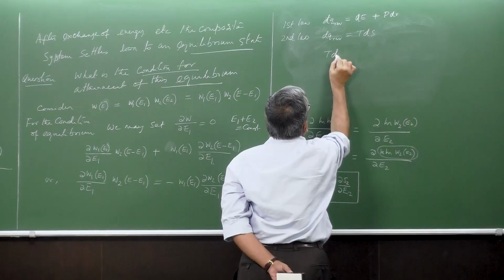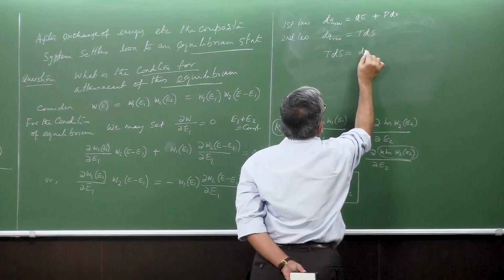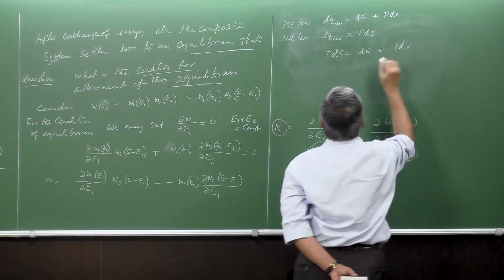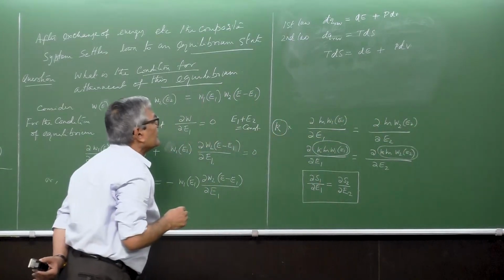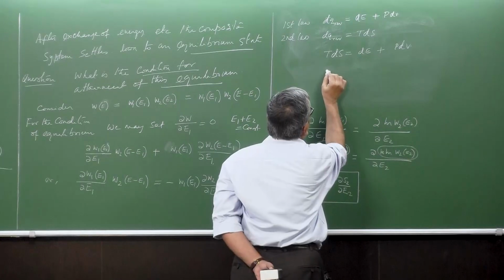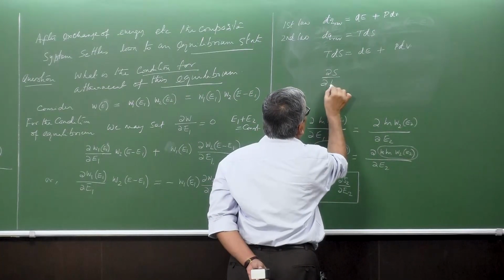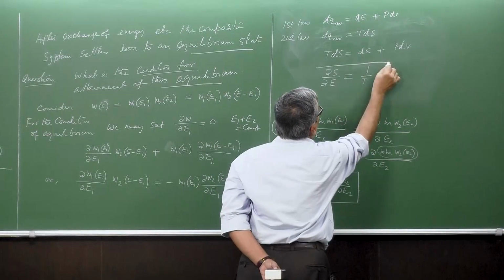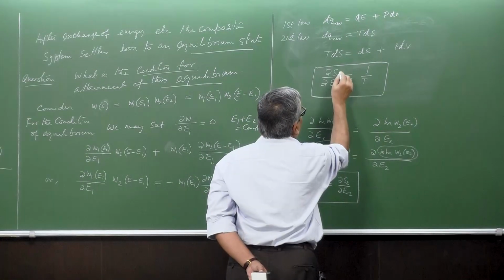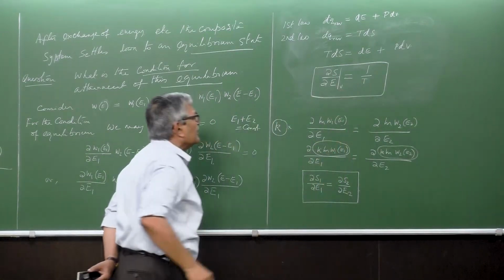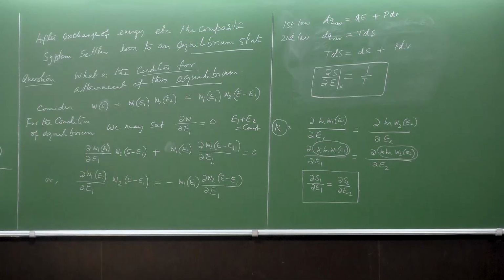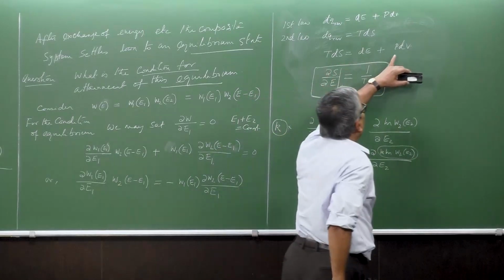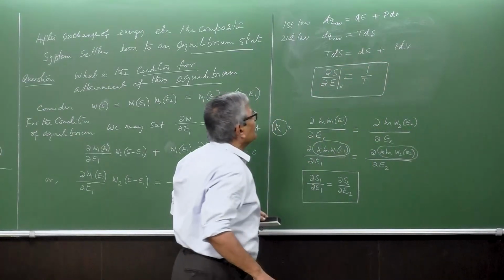So T dS is basically dE plus P dV. That brings me immediately to the definition that del S del E is basically 1 by T. If you consider a constant volume, obviously it is 1 by T. That is the definition that immediately comes from the combination of the first and second law.